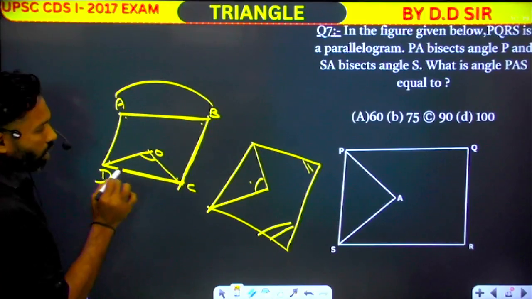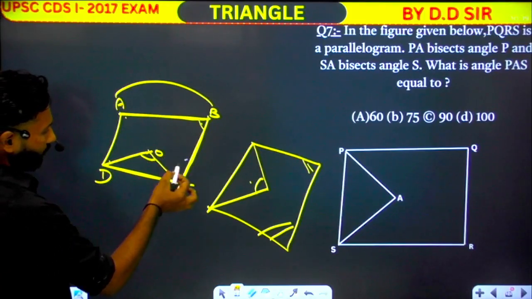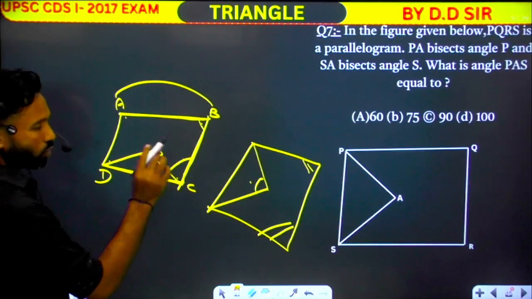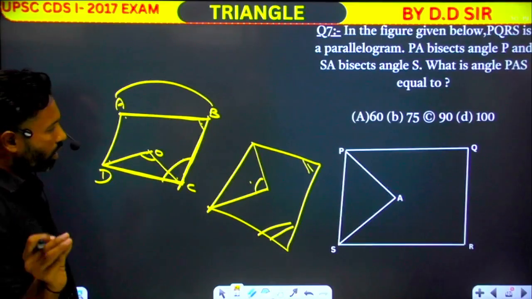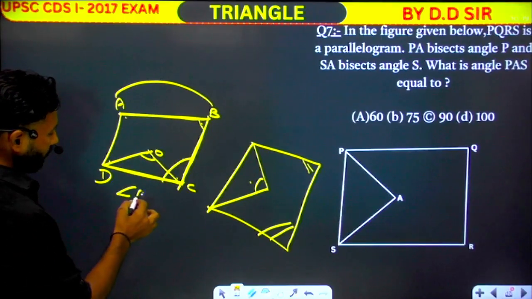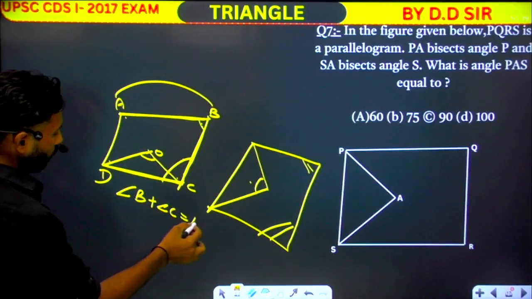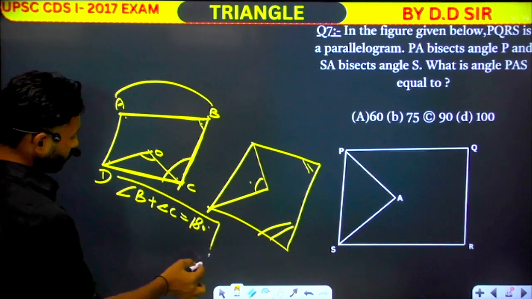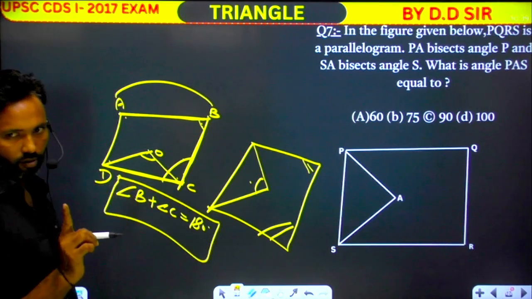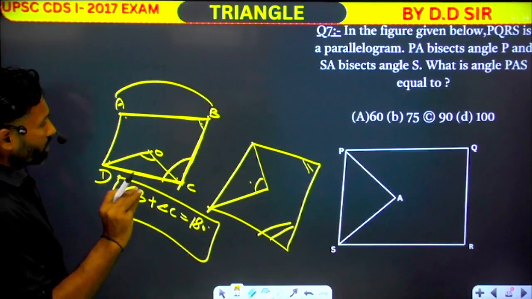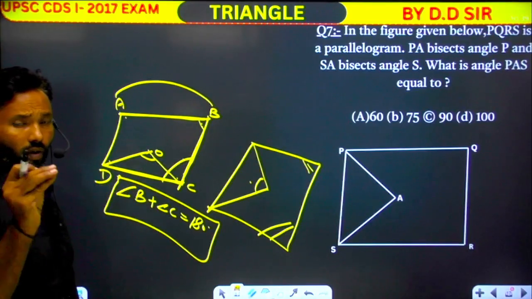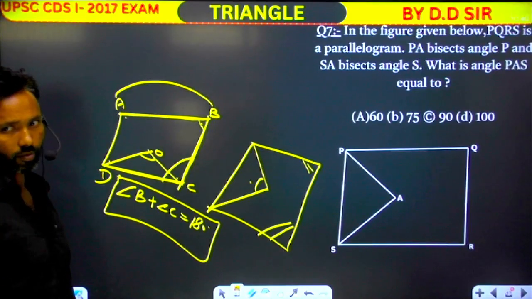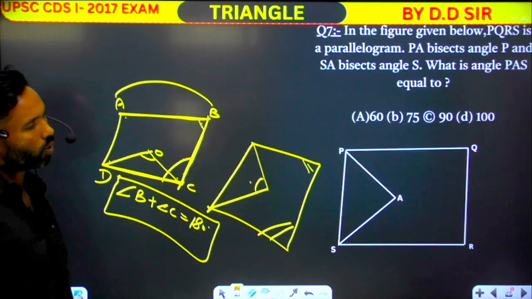These two angles work as co-interior angles, and the sum of co-interior angles is 180 degrees. So angle B plus angle C will be equal to 180 degrees. Remember that the sum of any two consecutive angles in a parallelogram will always be equal to 180 degrees.